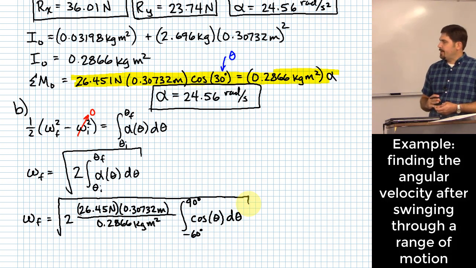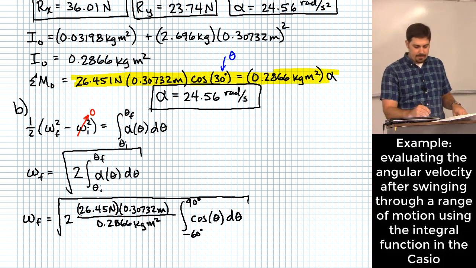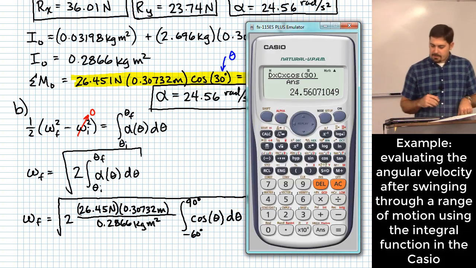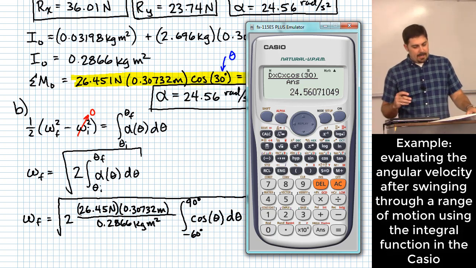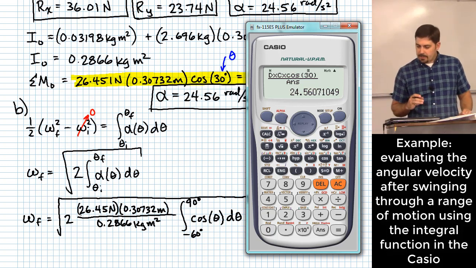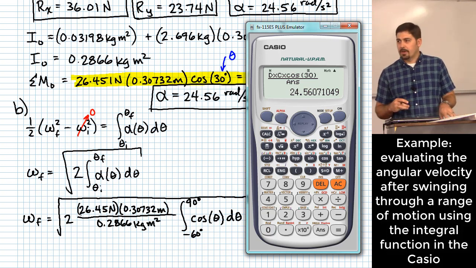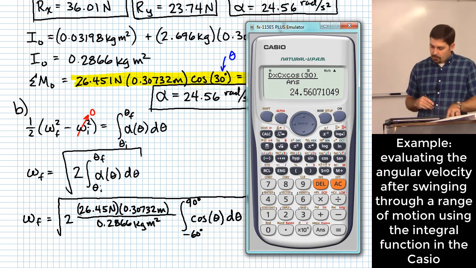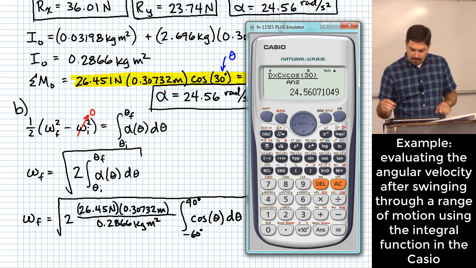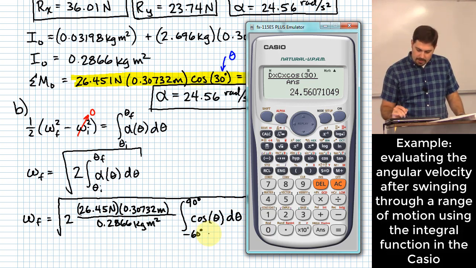Now, this is actually pretty easy to evaluate in the calculator, with one little asterisk you have to be careful with. I have never had good luck trying to do integrations of trig functions when I'm working in degrees, so the very first thing I want to do is change this to radian mode.